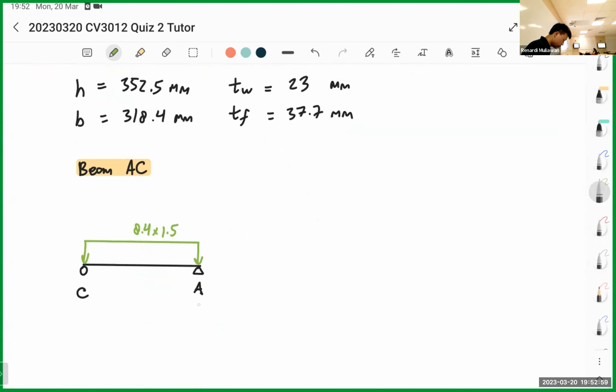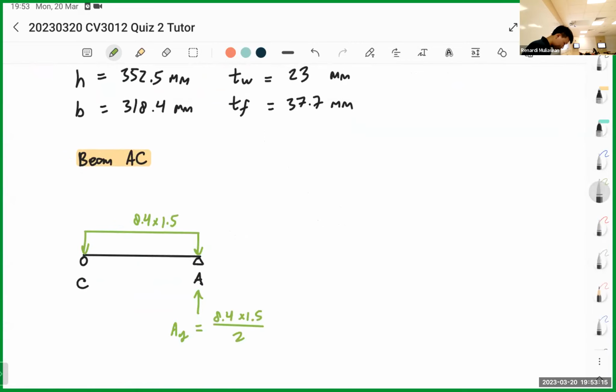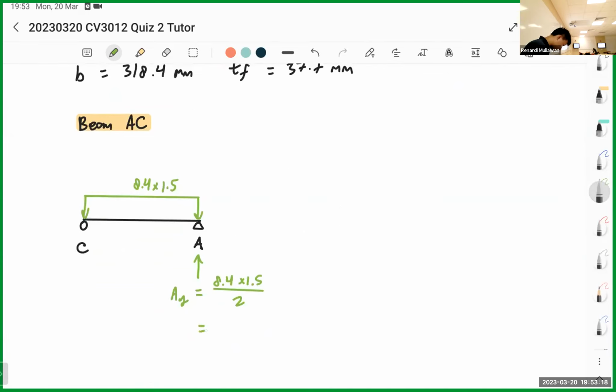So what's the reaction on A? I'm skipping a bit. What's the reaction on A? It's basically AY equals 8.4 times 1.5 divided by 2, because the beam AC is symmetric. So what's the value, I guess? 6.3. Okay, thanks.